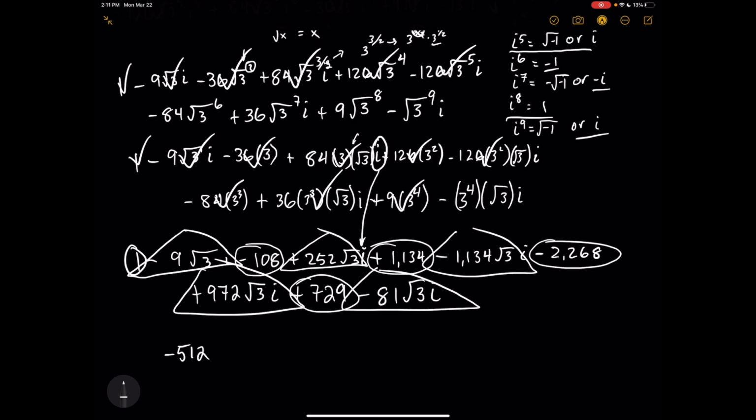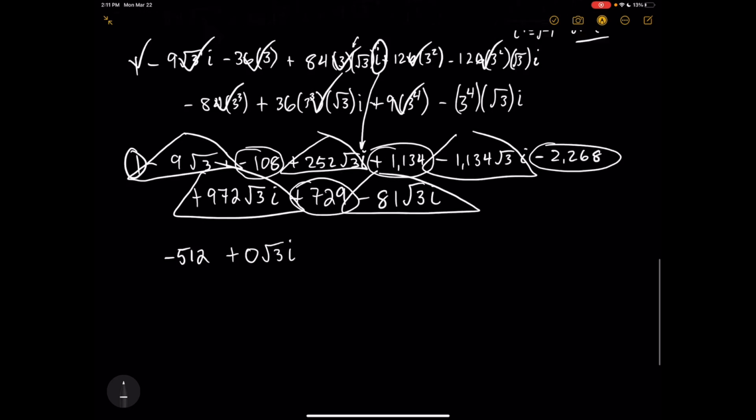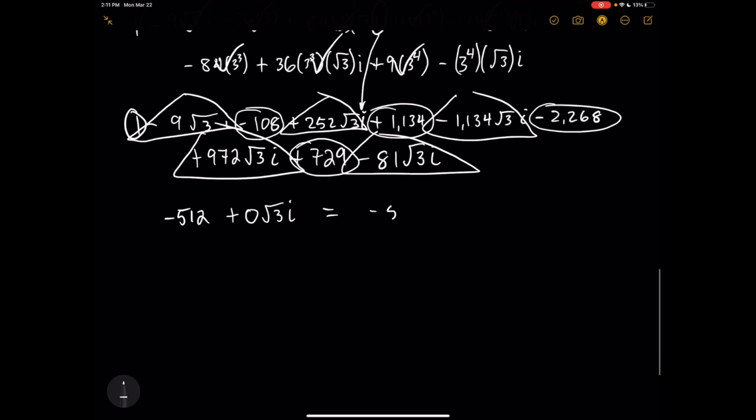Ooh, that cancels out. They all cancel out, so it's plus 0 root 3 i. Huh. I don't think that's an option in your answer sheet, because the answer should just be negative 512, according to what I just did.